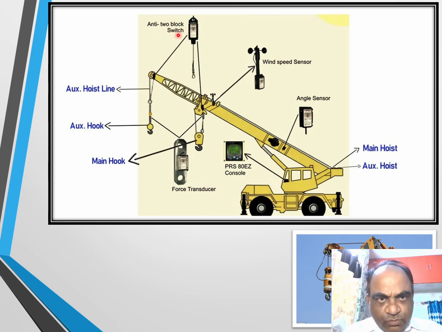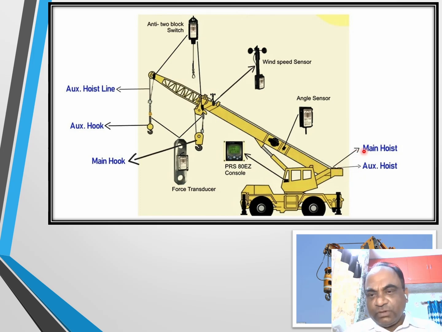Basically, a two block switch so that these two blocks don't collide with each other. For the protection, this switch is there. It will disconnect once the auxiliary block is coming near to the main boom, then this will disconnect it automatically. So that helps in keeping the mobile crane safe.